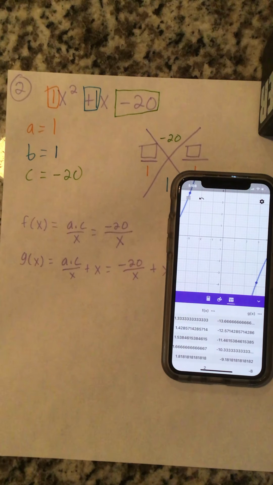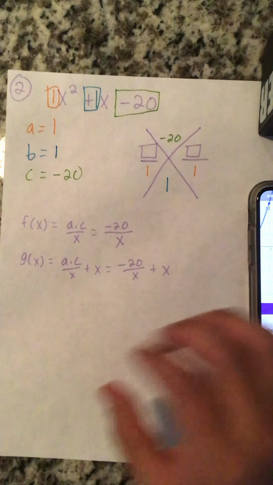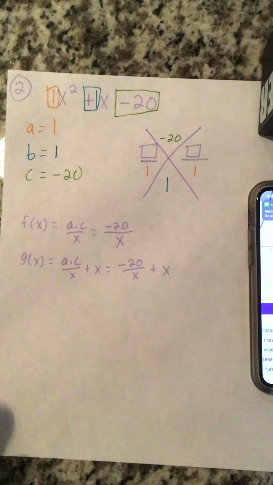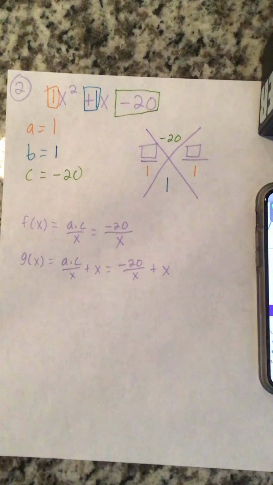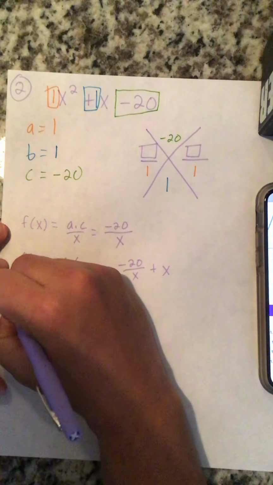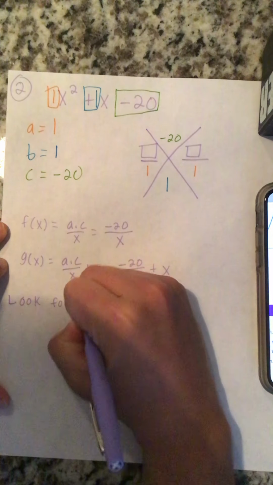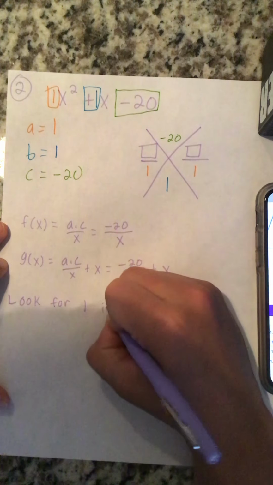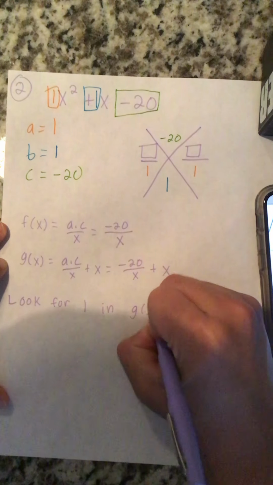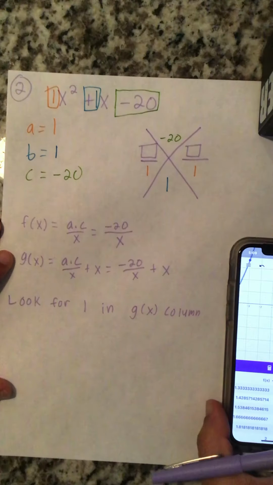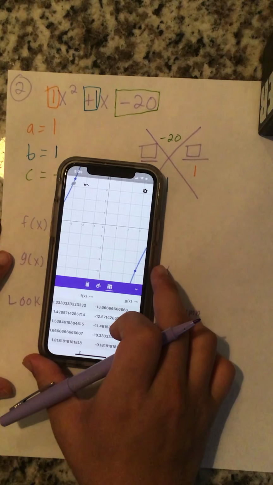So now what we're looking for is, remember, the b value in the g of x column. For this one, I'm looking for 1, because that's my b, in the g of x column. So let's go to the columns.